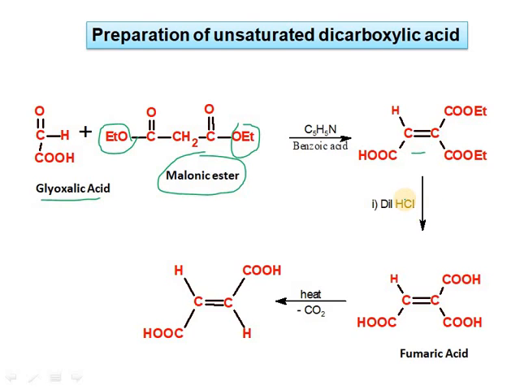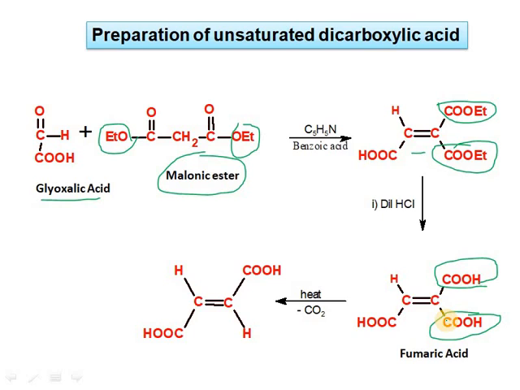And then the unsaturated intermediate formed can be treated with dilute acid. Then what happens? Similarly, both ester groups hydrolyze to acid, right? This is one acid and this is the second acid. Both esters convert to the corresponding acid, and then on heating one of these acids will be lost, right?